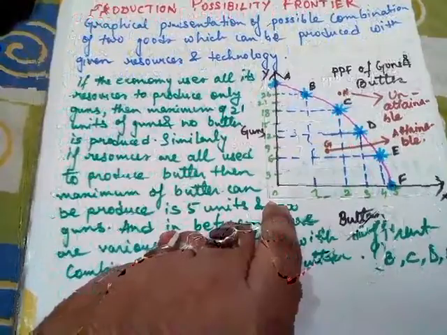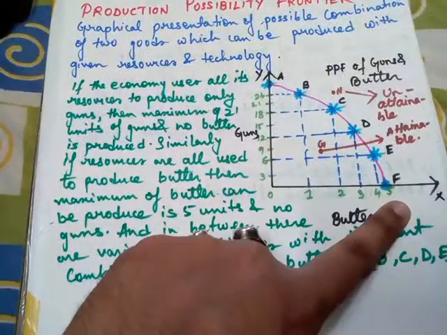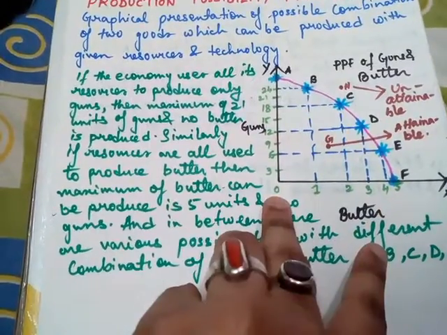So 0 to 5 is the maximum of butter when resources are used to produce butter, and 0 units of gun. And when resources are used to produce gun, 0 to point A is the total production of gun with that limited resource, and butter is 0.